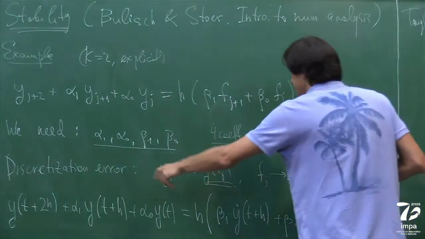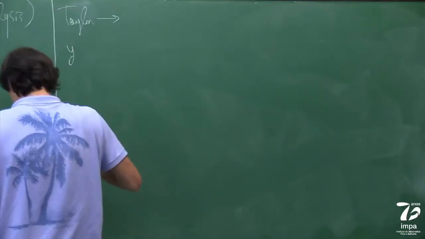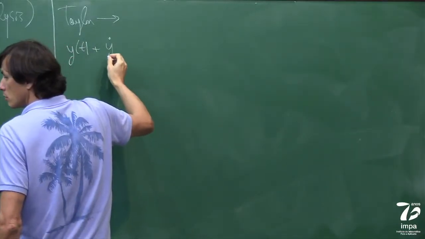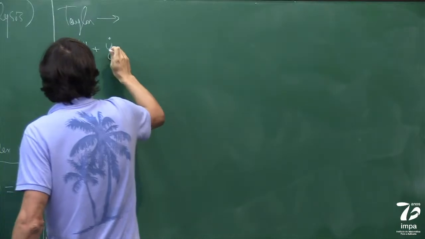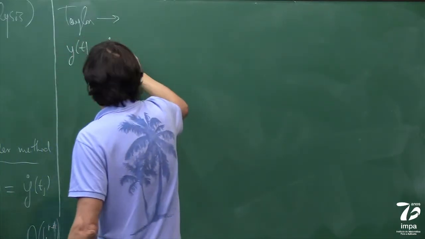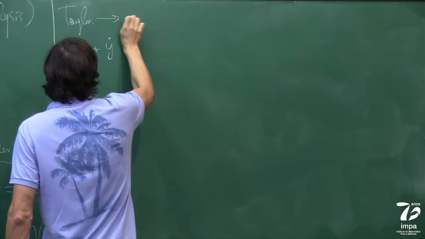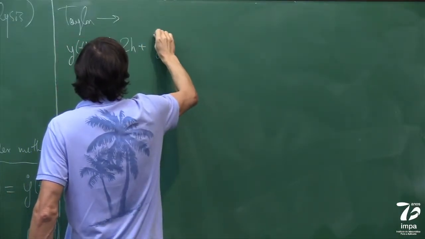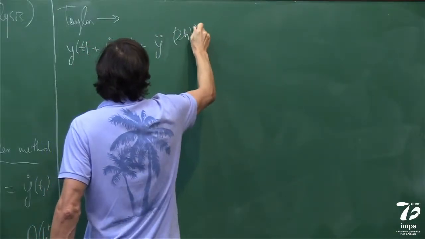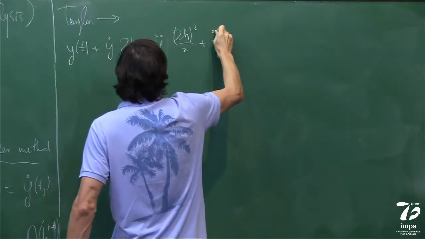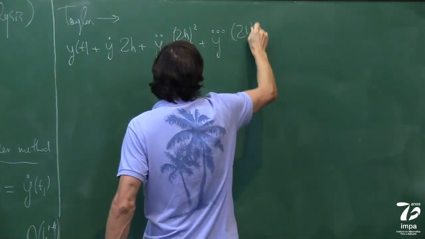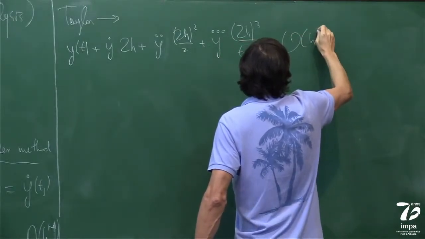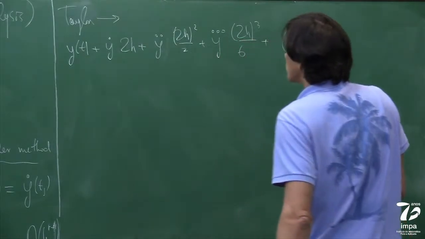So the first term is y(t) plus y dot times 2h plus y double dot times 4h squared over 2 plus y triple dot times 8h cubed over 6 plus the next term. So this is the first term.